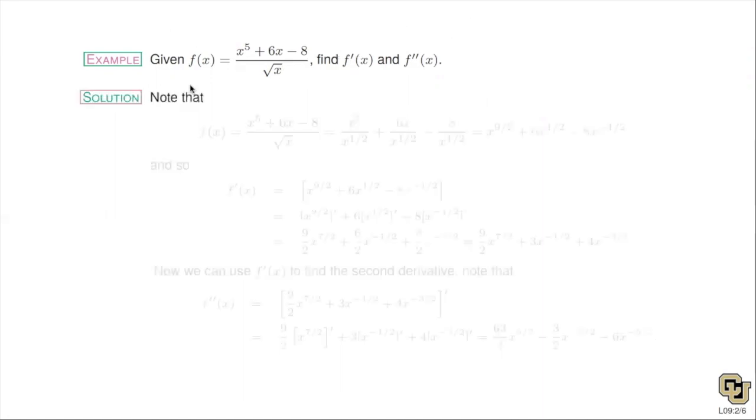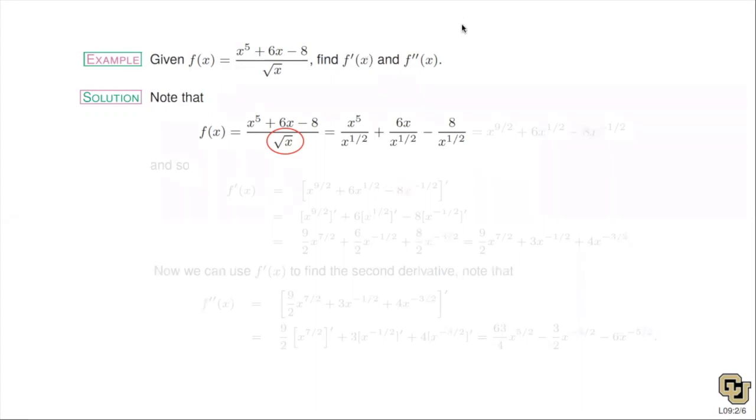We can use algebra, and this is a general comment I want to make: anytime in the denominator you have a single term by itself, one strategy to keep in mind is breaking up the fraction. So here I can write x to the fifth plus 6x minus 8 over the positive square root of x as x to the fifth over x to the 1/2 plus 6x over x to the 1/2 minus 8 over x to the 1/2.